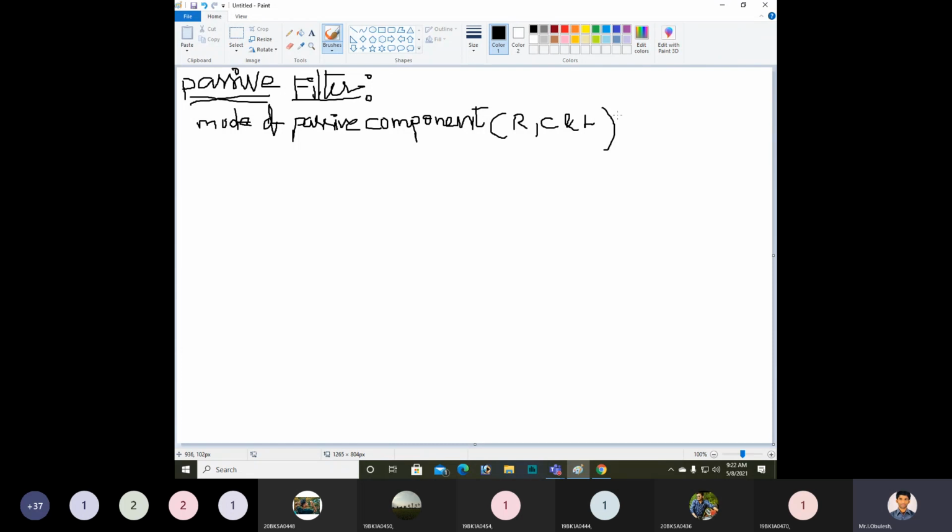At high frequencies, which means if the frequency is high, this arrow indicates high.